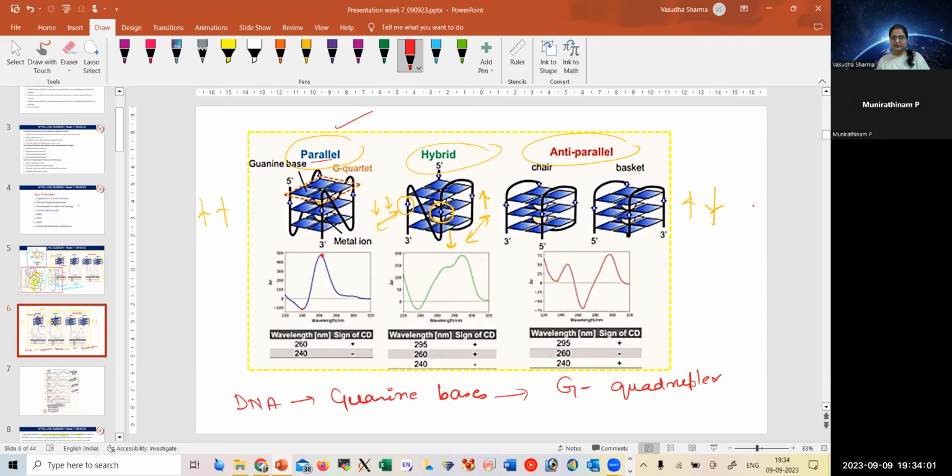So 295 positive is taken from the anti-parallel, 260 positive from the parallel one, and 240 negative from the parallel one. This way we can identify what topology and what kind of structure it has in a DNA system. This is very helpful in identifying such molecules which can't be characterized by any other technique. That's where CD spectroscopy becomes very useful.